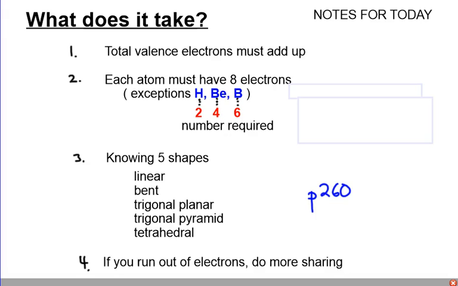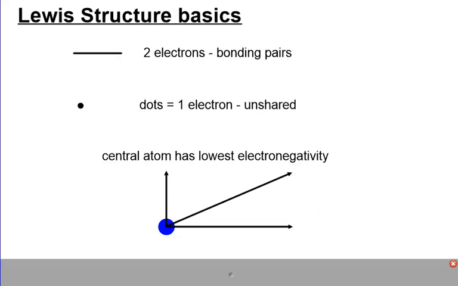As I go from hydrogen to beryllium to boron, the number of electrons increases by 2 each time. Hydrogen is 2, beryllium is 4, and boron is 6. So that's really nice to help you remember what those numbers are.